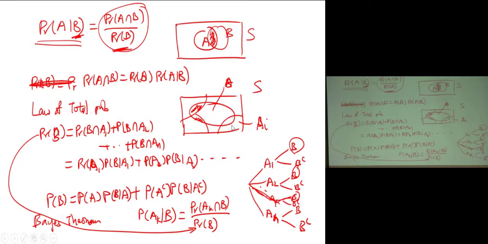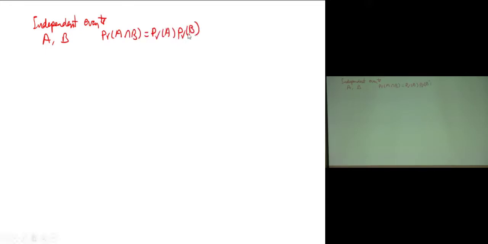And there's also one very important property about events, which is independent events. All right? So remember, two events are considered independent if and only if this is true. All right? Don't use your intuition and think that, oh, these two events are independent.